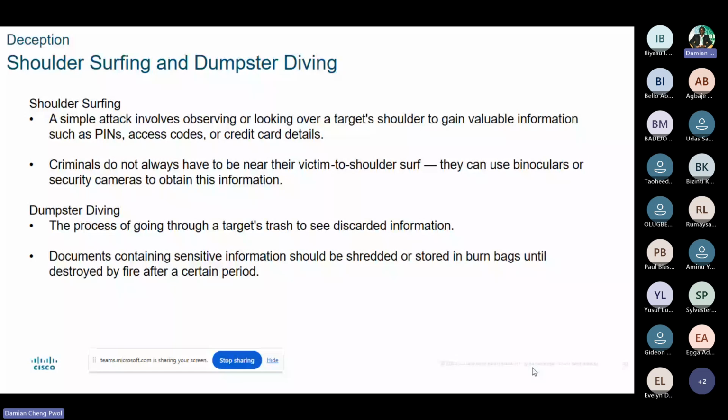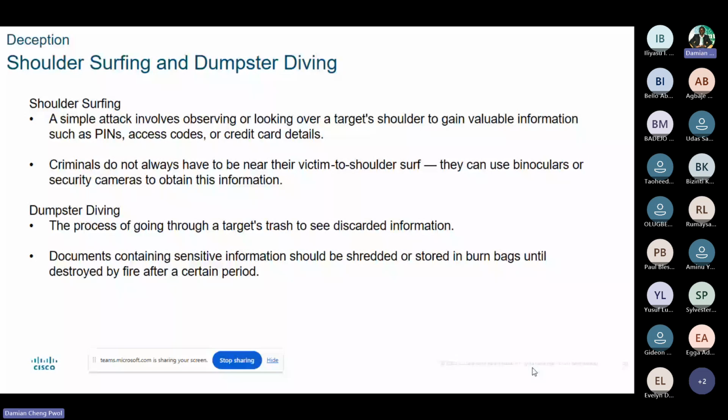Criminals do not always have to be near their victim to shoulder surf. They can use binoculars, so from a distance somebody can see what you are doing, or security cameras to obtain this information. Dumpster diving is the process of going through a target's trash to find discarded information. Documents containing sensitive information should be shredded or stored in burn bags until destroyed by fire after a certain period of time.